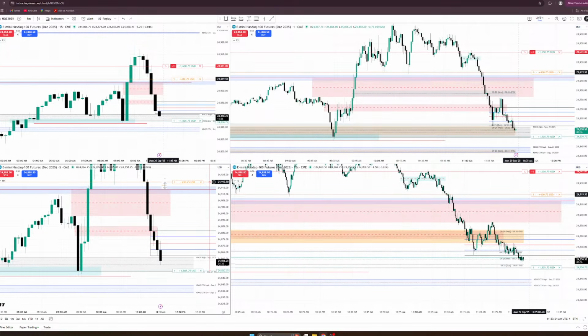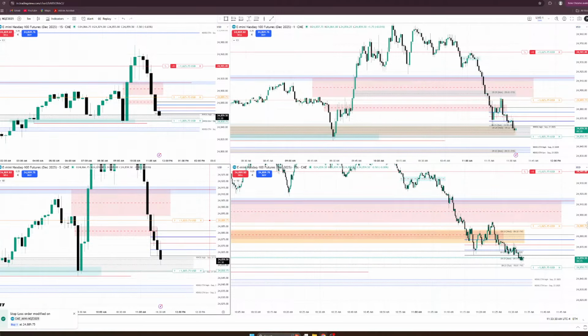So I'm just going to put my stop loss on the top of this wick. So you can see this reaction from the midpoint of this new week opening gap, guys.